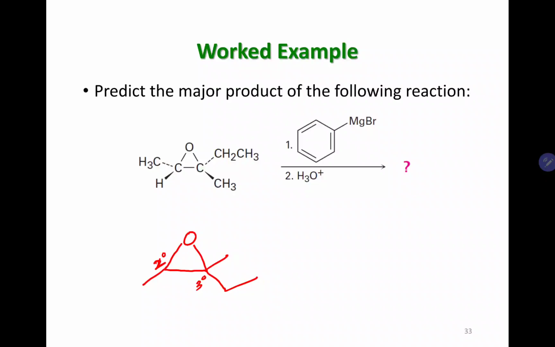The Grignard reagent, or the R minus group, here it is the phenyl group, tends to attack the less crowded carbon. So what you will have is a benzene ring and the methyl group on one side, and the other carbon will have the CH3, CH2, CH3 and the OH. All right, so this will be your product.